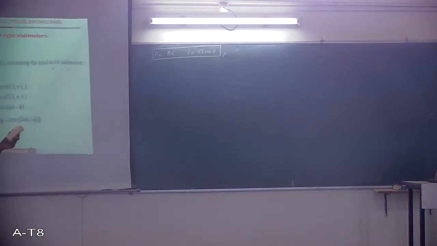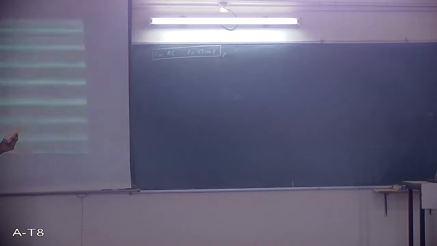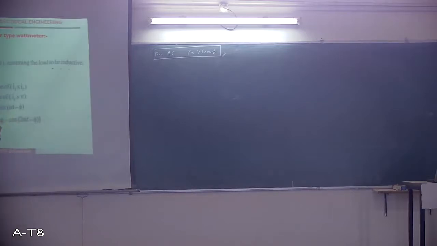It can be capacitive in nature: current leads the voltage by some angle, plus phi in that case. But practically, 99% of our loads are inductive in nature, so fairly I can consider the load to be inductive.